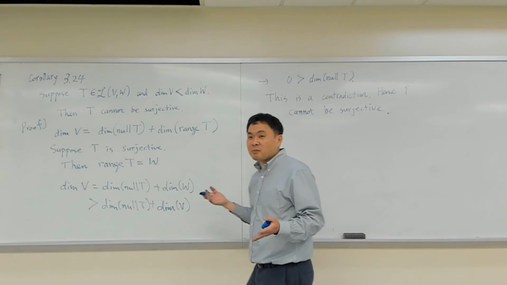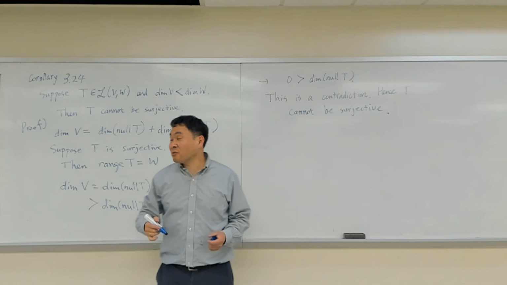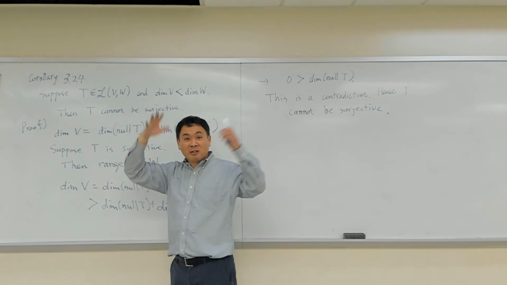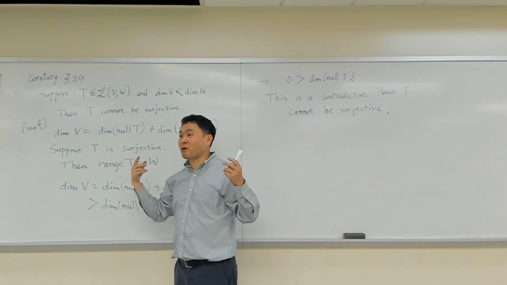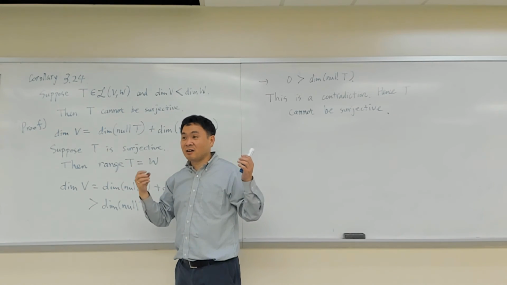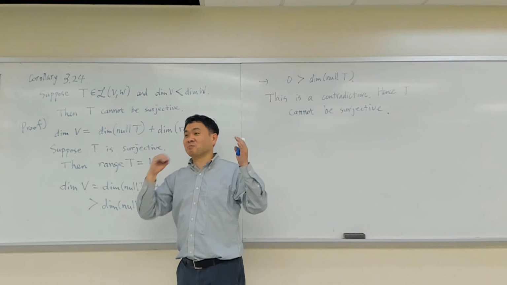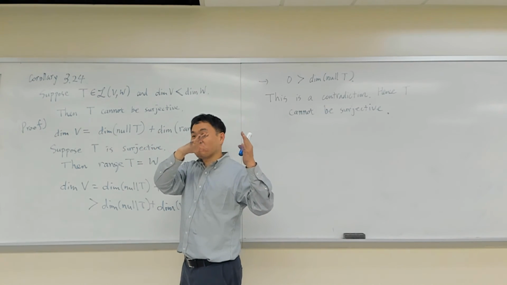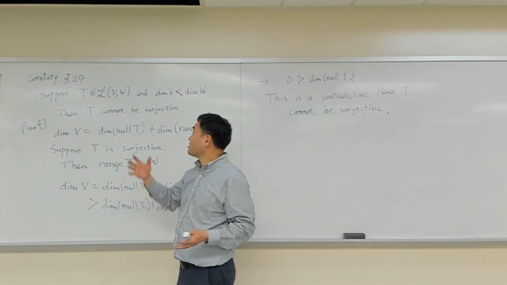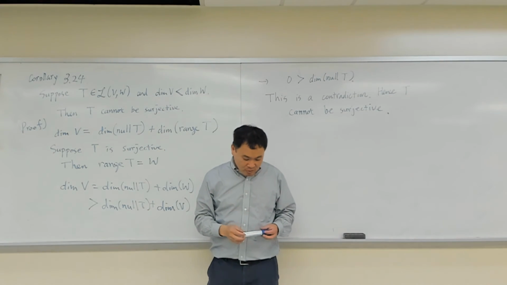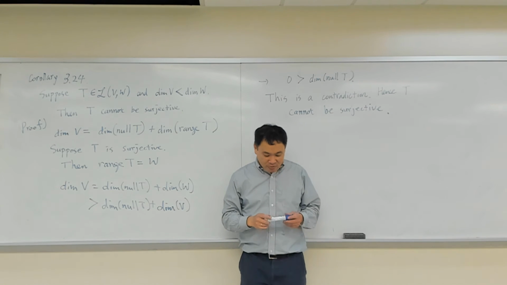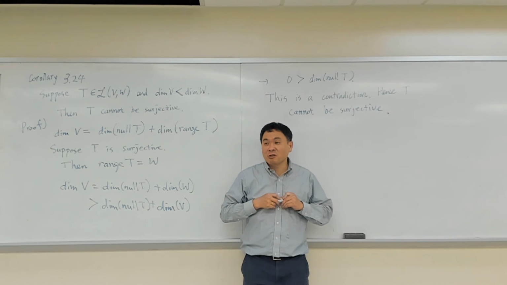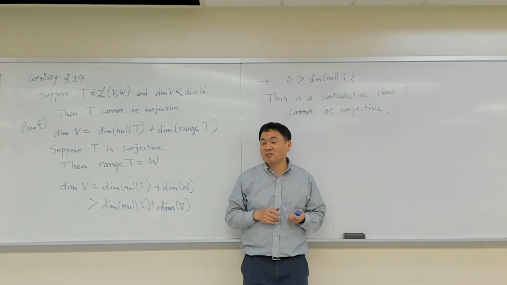And once again, you can kind of see why it has to be, because if W is a bigger space, so if you have a map from R2 to R3, you're trying to make the map T take all of R3, right? And it's saying that's impossible. Now, however, there's something that's clearly mind-boggling that you learned in the previous set theory class.